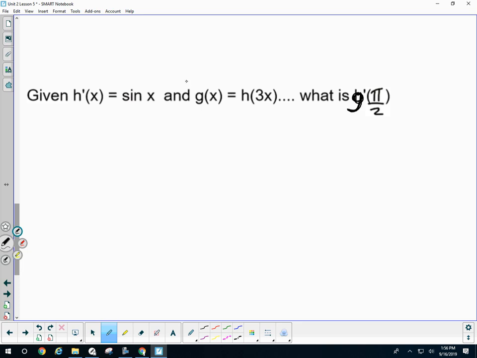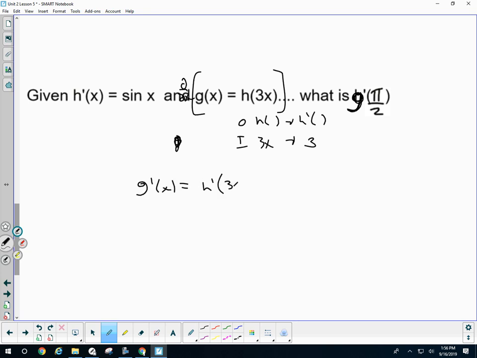So taking the derivative of g to get g prime, let's see what I get. Well, keep in mind your O's and your I's. The O is the h of, the I is the 3x. So I need an h prime of 3x times 3.